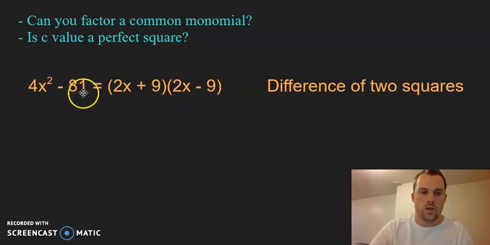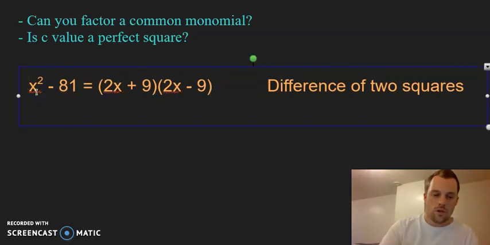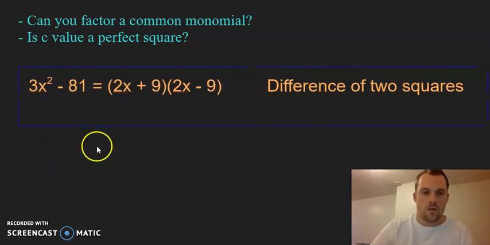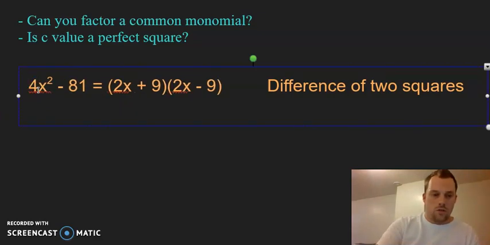This really only works if the a value and c value are both perfect squares. If this was a 3x squared, then we're getting into square roots where we don't have integers that multiply to 3, because 3 is not a perfect square. So I'll change this back to a 4.